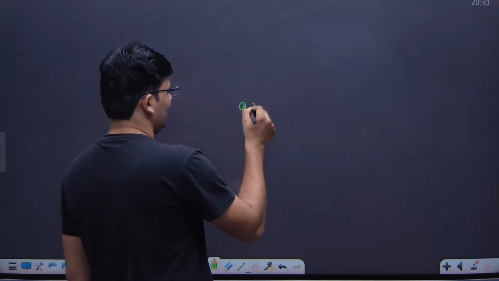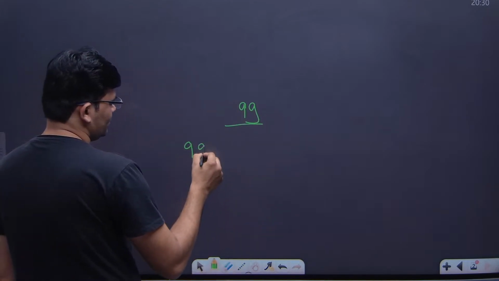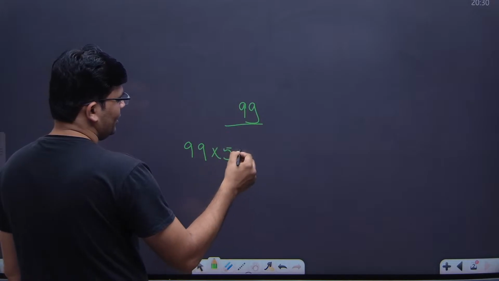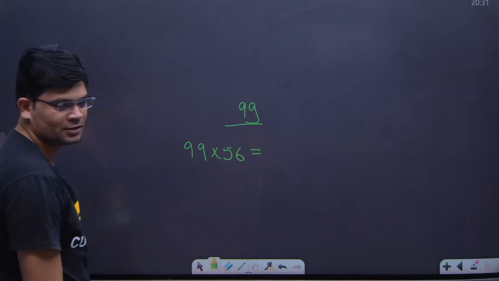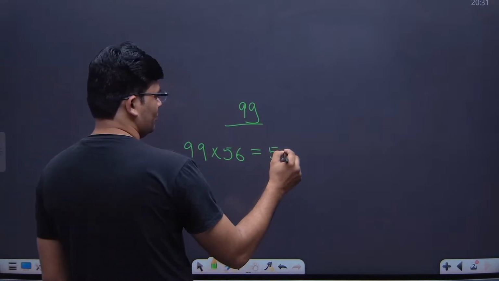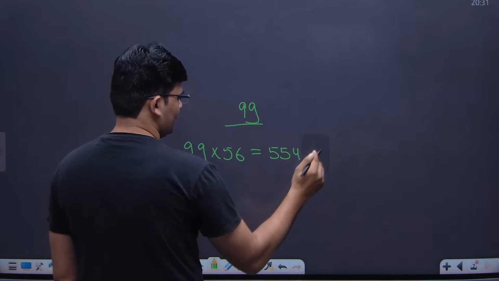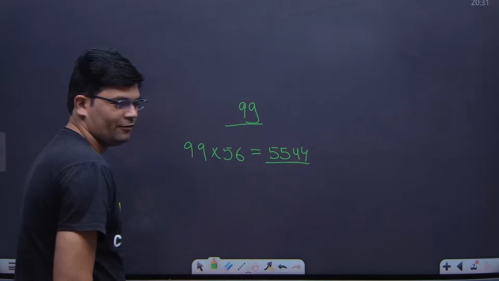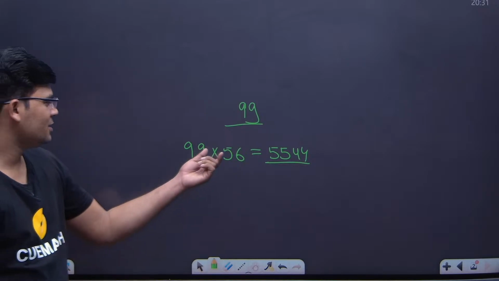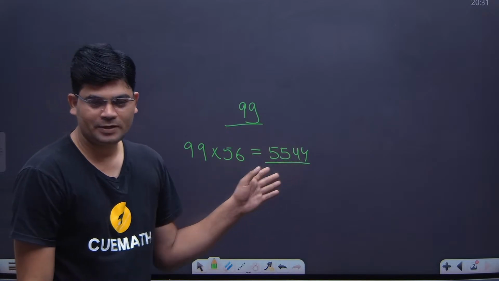Okay. And I also taught you the table of 99. You remember that? Yes. If I ask you, let us see who can give the answer first. 99 into 56. 5544, because this number will be reduced by 1 and we have to add such a number so that it makes 100.